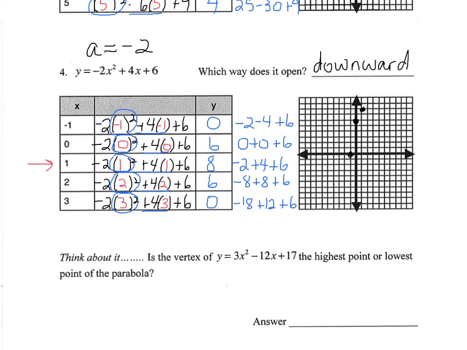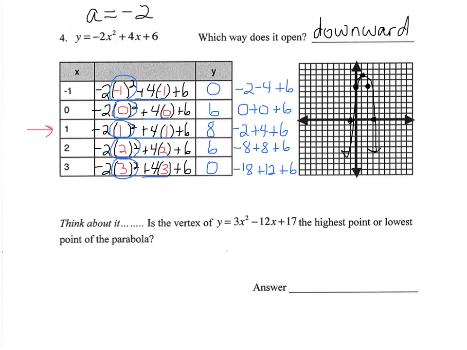Go to the right 2, up 6. And 3, 0. Go to the right 3. This does look like a parabola that opens downward, so let's try to draw the best parabola we can. And I think we can call that one graphed.